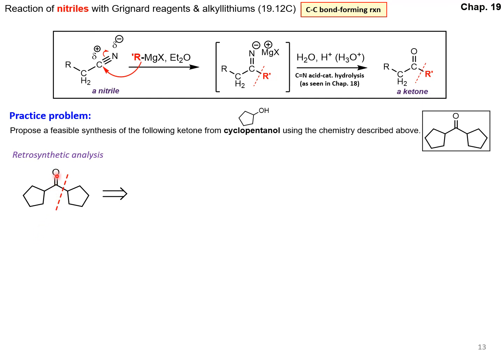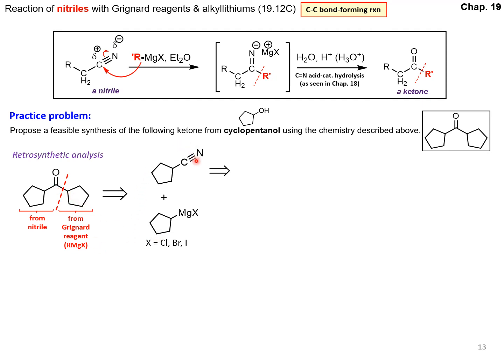The carbonyl portion on the left-hand side must have come from the nitrile, because this carbon, the carbonyl carbon, came from the nitrile carbon. Therefore, this portion comes from the nitrile, and then the portion on the right had to come from the Grignard reagent. Taking that into account, we would then know that I would need this nitrile and this Grignard reagent in order to make this bond.